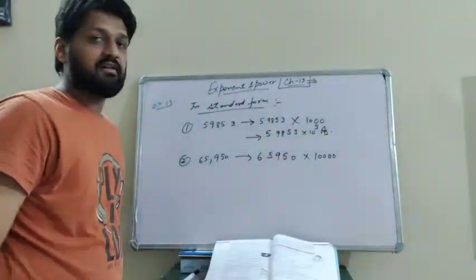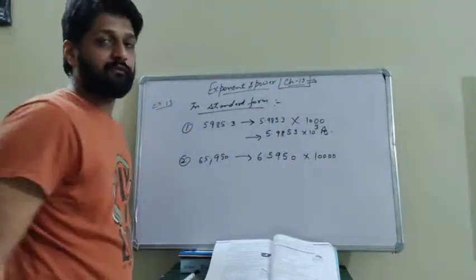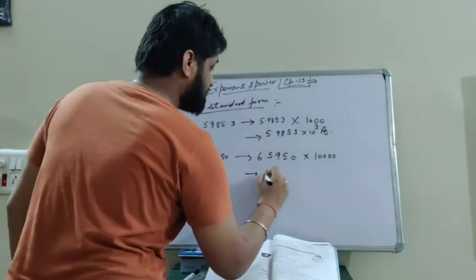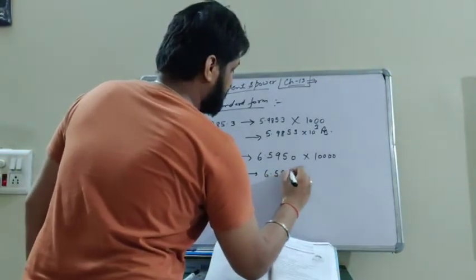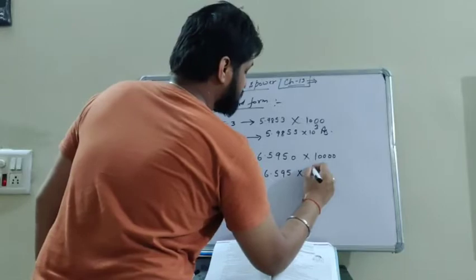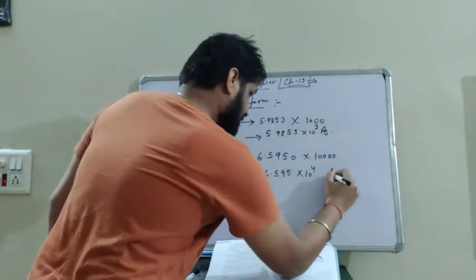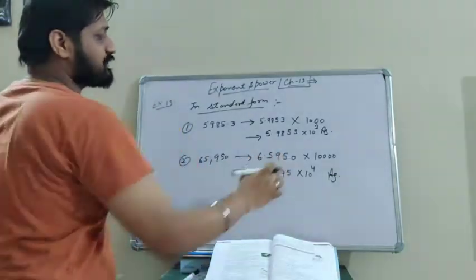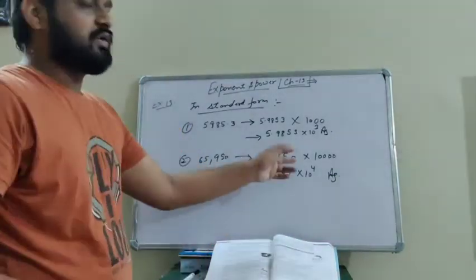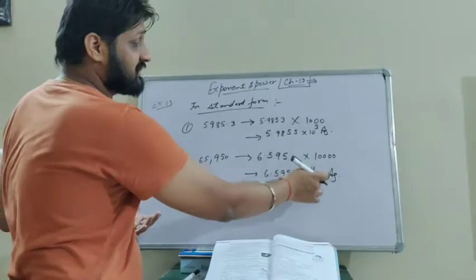We put the decimal here because the decimal is shifted four places. So it is written as 6.595 into 10 raised to the power 4 is the answer, because there is no importance of 0 after the decimal.